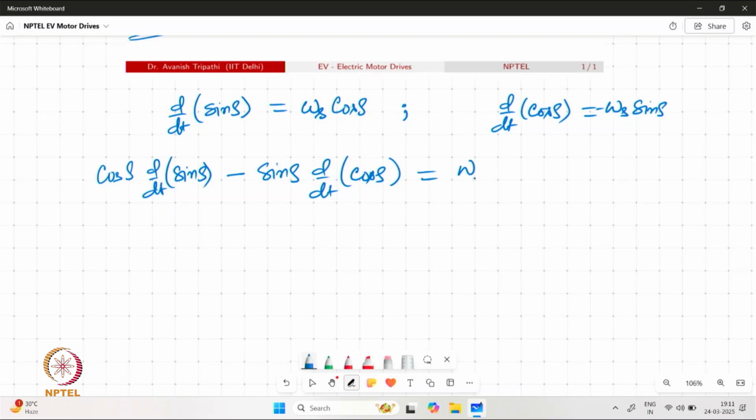So this would eventually give us omega s times cos square rho plus omega s times sine square rho, giving us omega s.